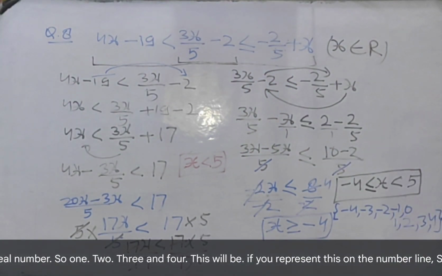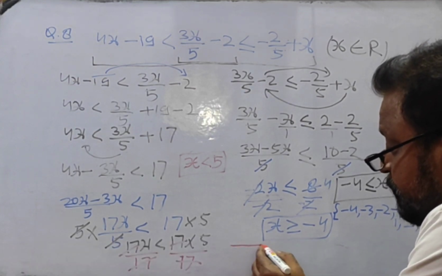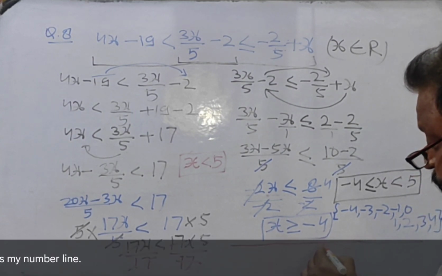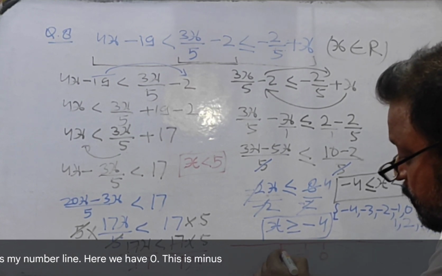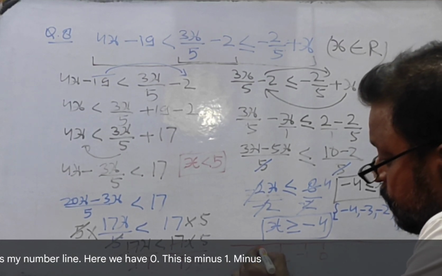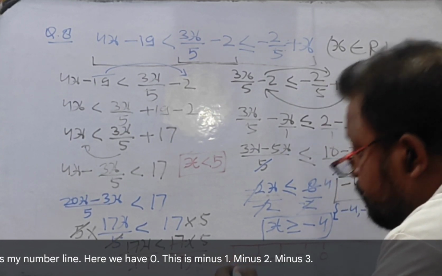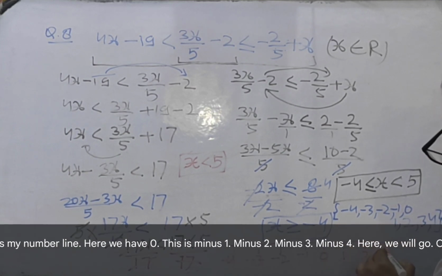this is my number line. Here we have 0. This is -1, -2, -3, -4. Here we will go 1, 2, 3, 4.